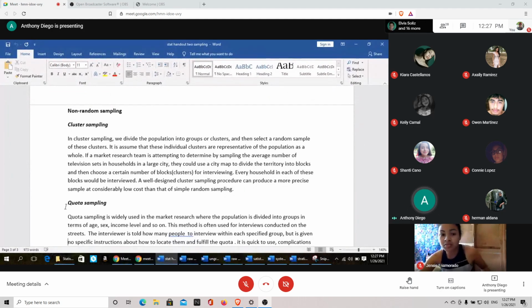What you could do is split the village into five different clusters. Some clusters might have more people than the others, but you just split it into clusters, and then each person can go there and find the information that you're looking for.